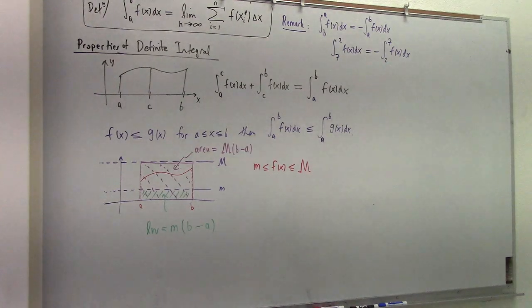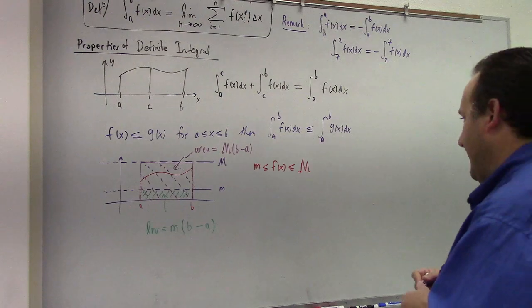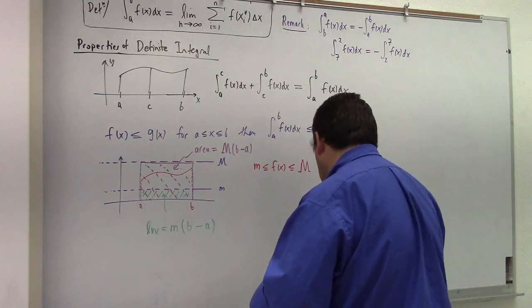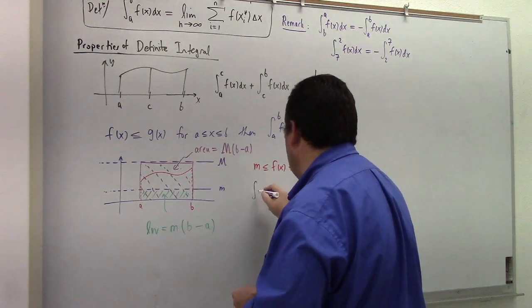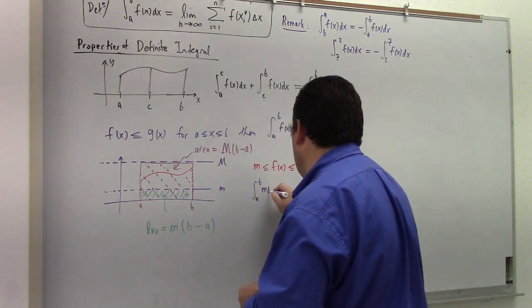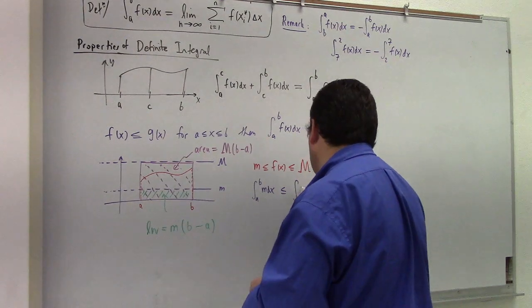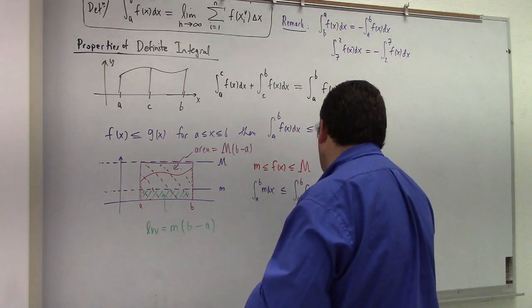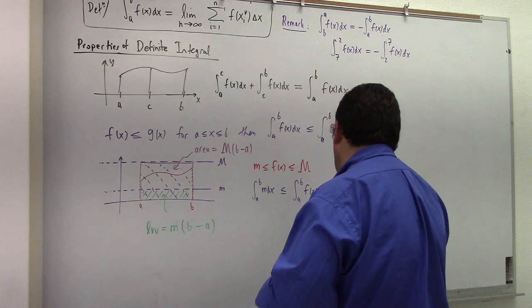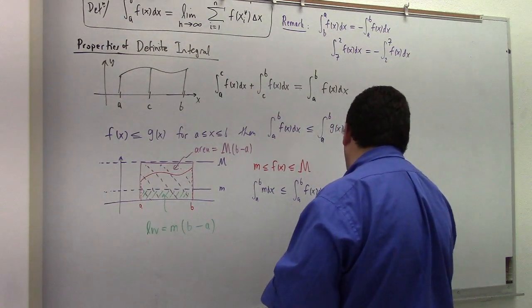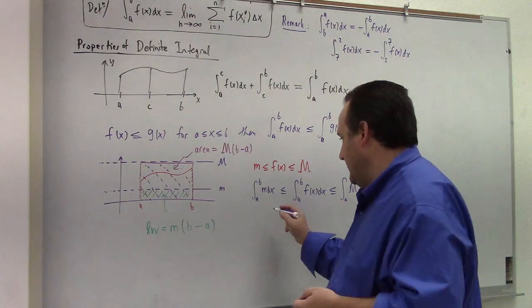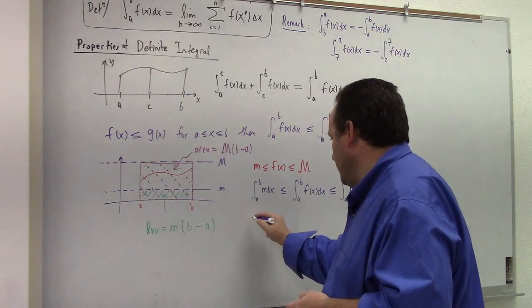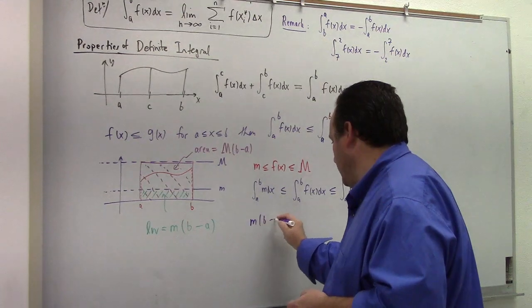How is the integral of the function which is bounded related then? What I'm saying is this tells you that the integral from a to b of m dx is less than or equal to the integral from a to b of f of x dx, which is less than or equal to the integral from a to b of big M dx. But we just explained that the integral of little m is little m times b minus a, right?